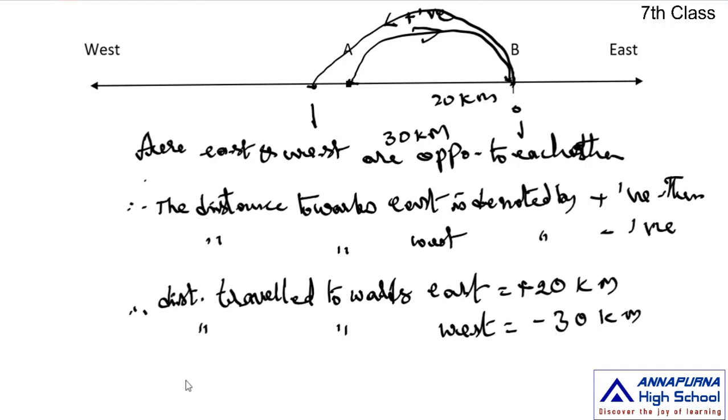And to find the final position, start from A to B, 20 kilometers, again from B back 30 kilometers. To find the final position, what will we do? We will subtract. Why? Because it moves towards west.